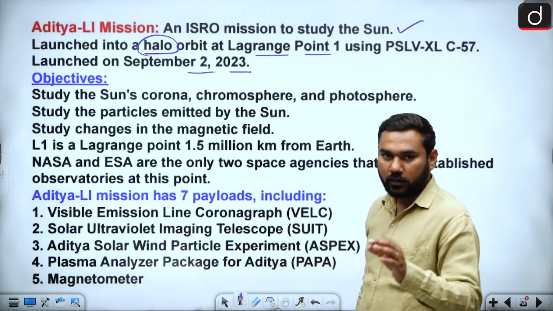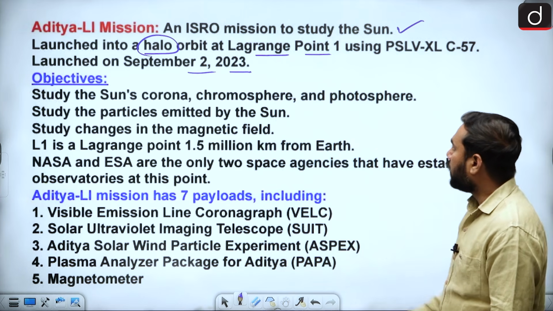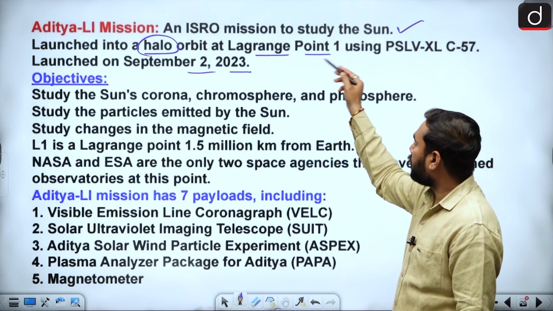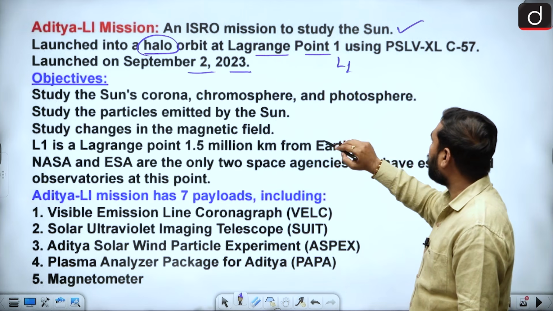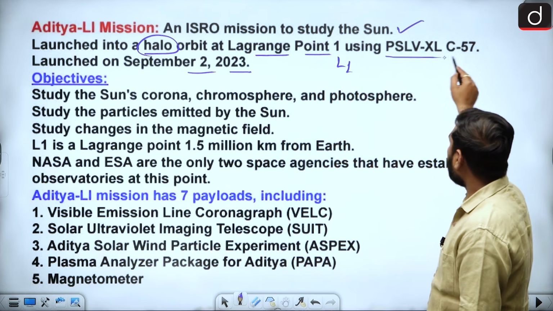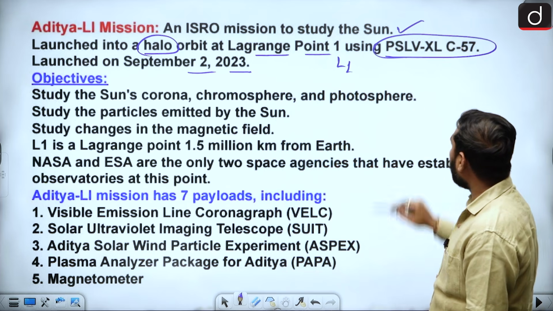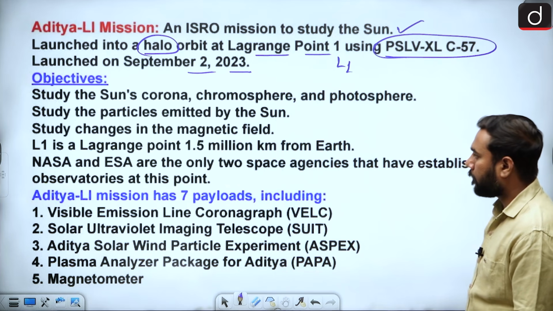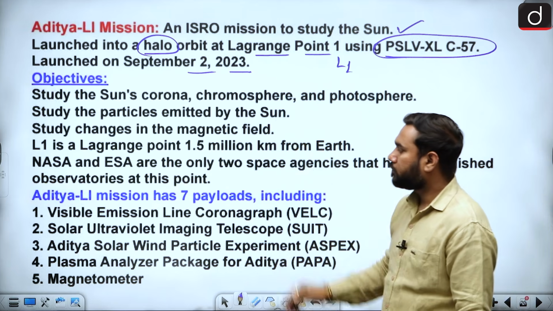Don't worry, we will discuss the Lagrange point. This one is called Lagrange point 1, short form L1 point, and it was launched using the PSLV XL C57.